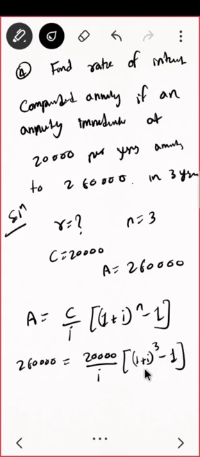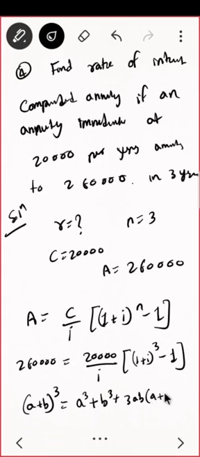Correct? So what is 1 plus I the whole cube? What is A plus B the whole cube, if you remember? Either you remember this or ये ओपन किया तो a cube plus b cube plus 3a square b plus 3ab square. सिमिलरली अगर a minus b the whole cube बोला तो दैट विल बी a cube minus b cube minus 3ab bracket a minus b.